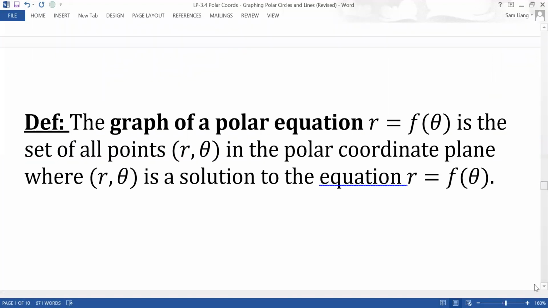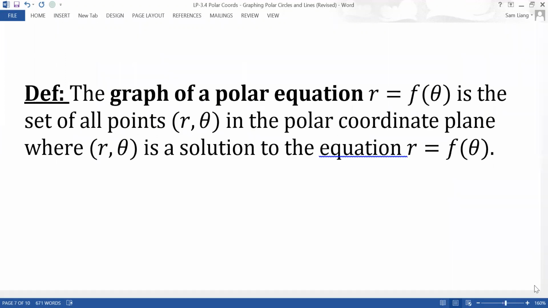Okay, so here we have the graph of a polar equation, r equals f of theta, is the set of all points (r, theta) in the polar coordinate plane, where (r, theta) is a solution to the equation r equals f of theta. Okay, so I know that's really wordy, but it's a really simple idea. It's just saying that polar coordinates can be used to write functions as well, right? So, Cartesian coordinates, we had x, y.